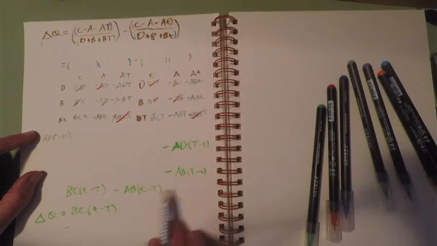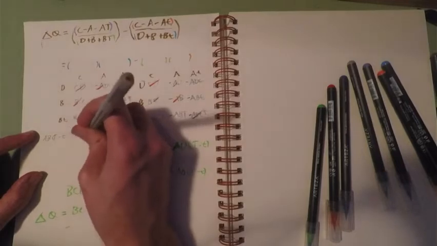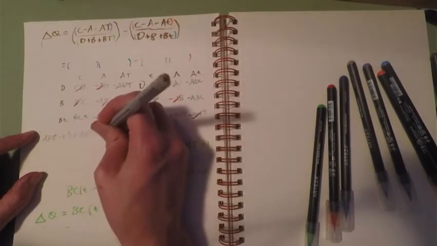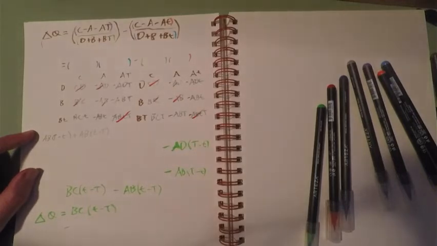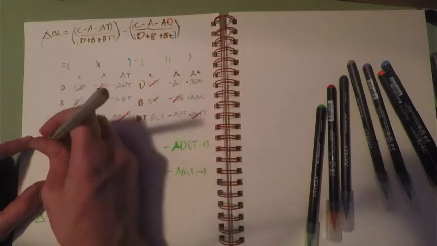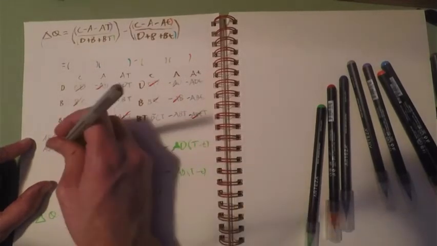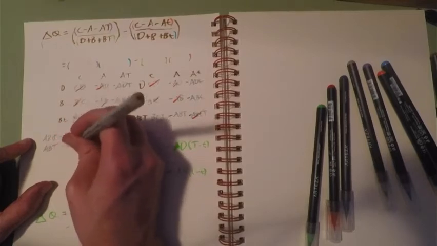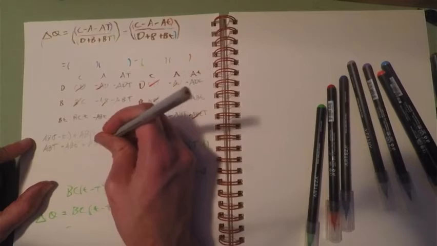So if I add that to AB(t - T), this, by the way, is me not remembering basic math. This is me not remembering the details, but I've got enough number sense that I can just kind of work it out when I need to, which is, I think, the more important skill.